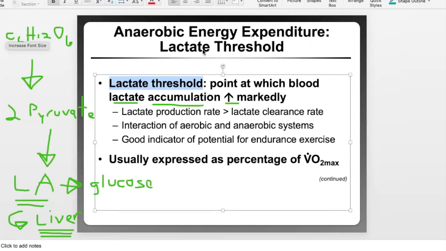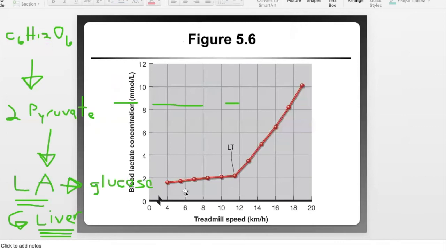So if you take a look at the next slide here, this is a graph of somebody who's running, and you'll see that at a somewhat lower intensity of exercise, there's not an appreciable increase in the lactate. But as that individual continues in that bout of exercise, and you notice the treadmill speed is increasing, this is the increase in intensity of exercise.